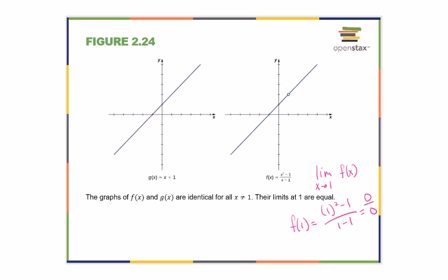Now, a lot of times when you have a 0 over 0 situation, you can simplify and find another way to do it, and this is where algebra comes in, okay? And so what we can do here is we can factor, right? So I can say, all right, well, f of x, instead of x squared minus 1 on top, that's a difference of 2 squares.